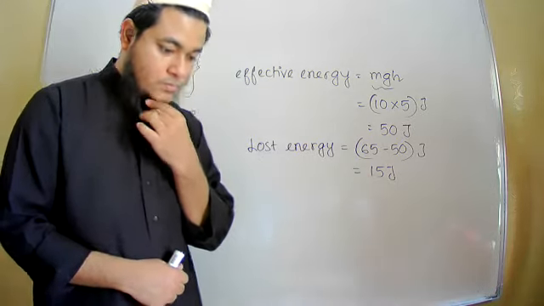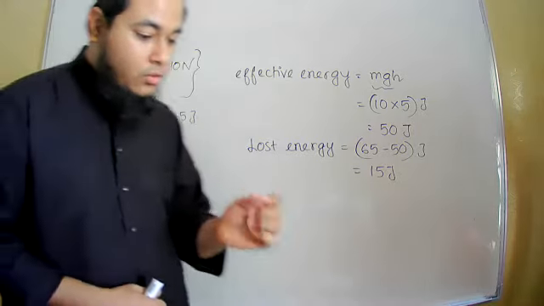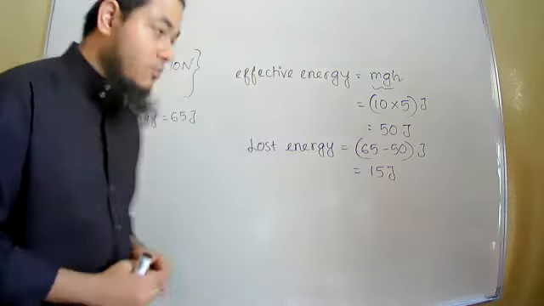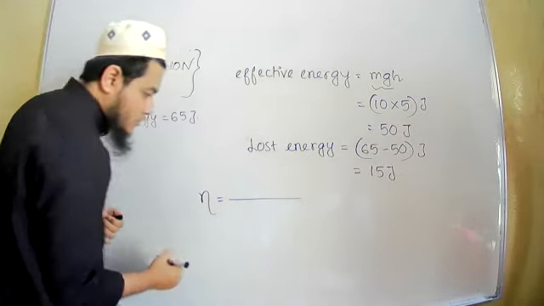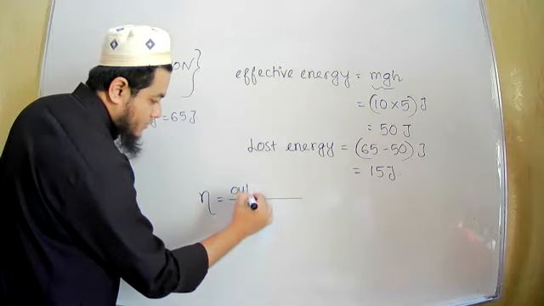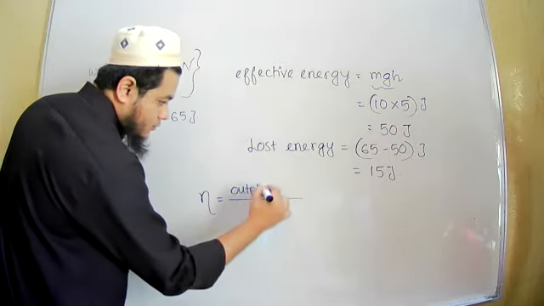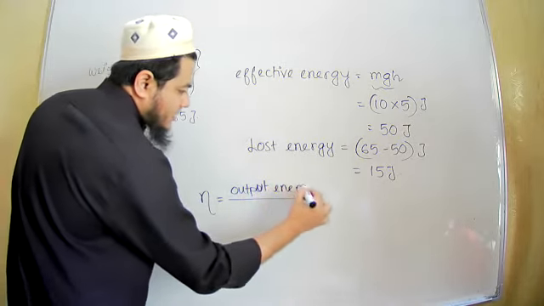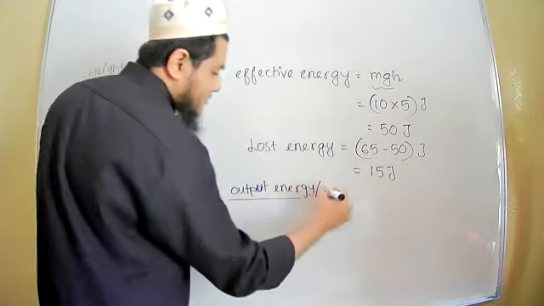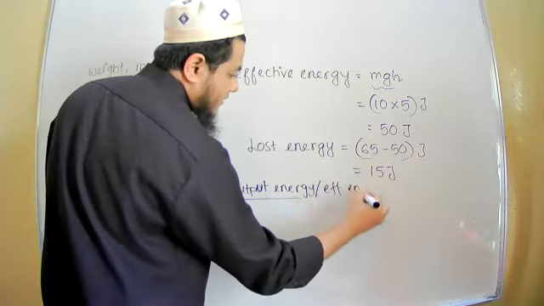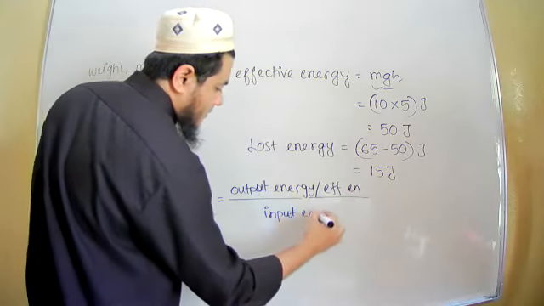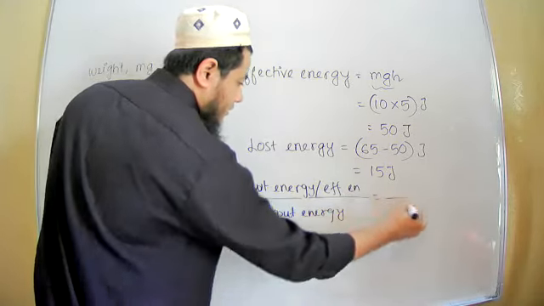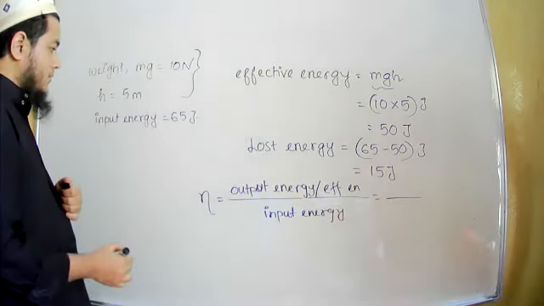Yes, sir. Okay. Then they told you to calculate the efficiency of the motor. So how to calculate the efficiency? We know that efficiency is equal to output energy divided by input energy. Output energy is nothing but effective energy, so we can write effective energy divided by input energy. What is the effective energy?